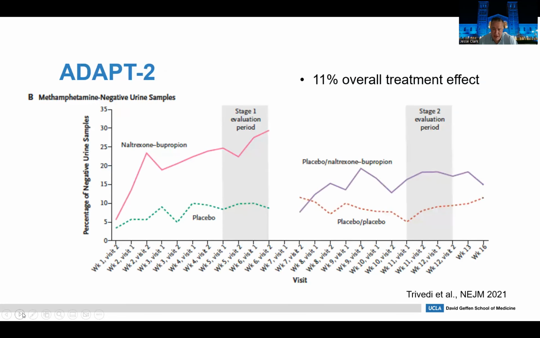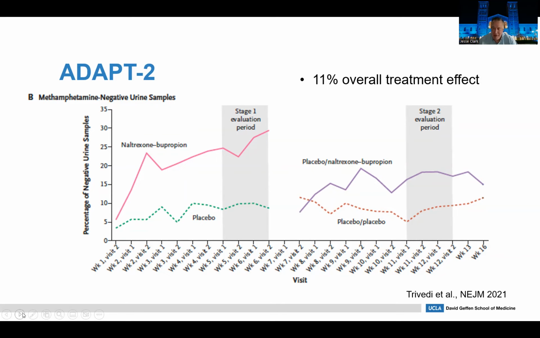This is a diagram for the ADAPT-2 trial showing the overall 11% treatment effect. This trial was very complicated in the way that it was designed. People were assigned to treatment or placebo arms at the beginning, and then there was an interim evaluation, and people who were in the placebo arm could then be reassigned to the treatment arm, depending on their lack of response to treatment at that point.